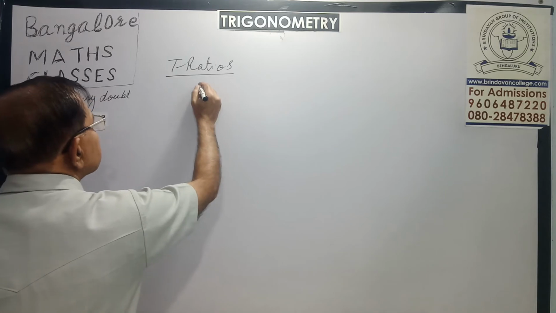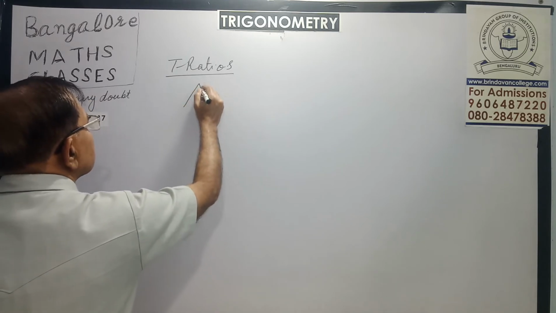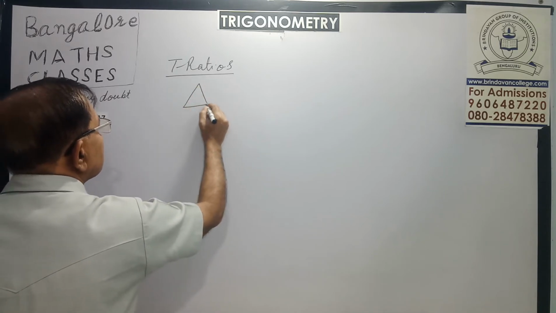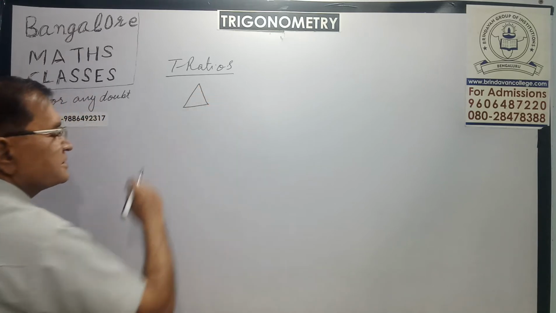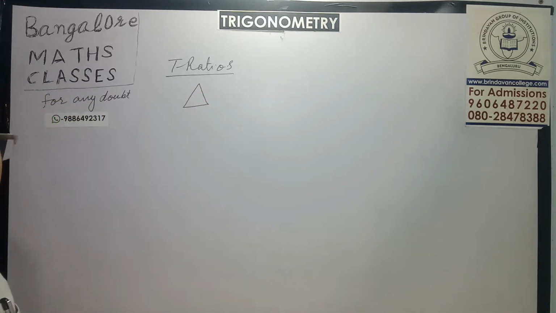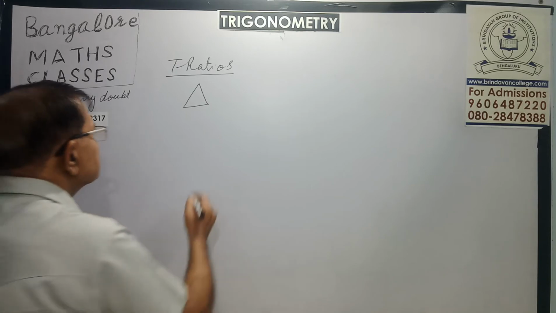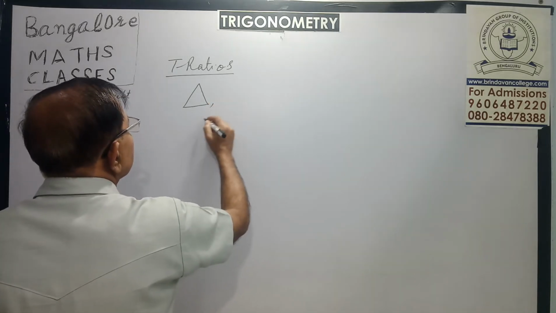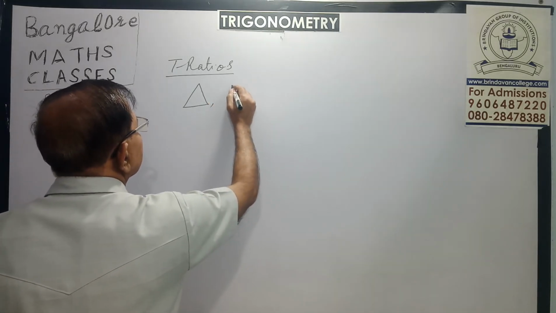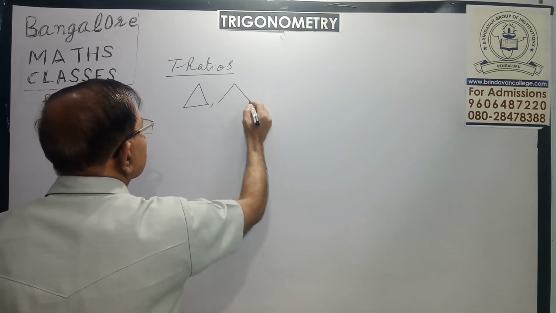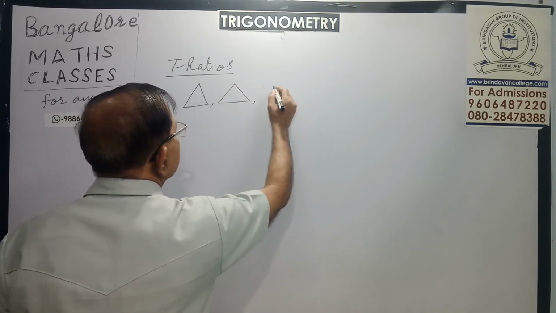Triangle is having three sides. The definition of the triangle is, it is a three-sided closed figure. We have different types of triangles: equilateral triangle, isosceles triangle, scalene triangle.